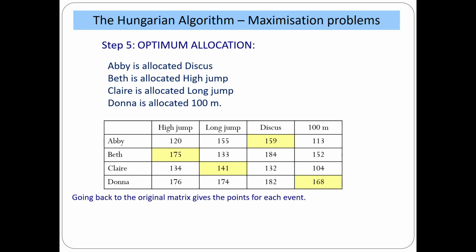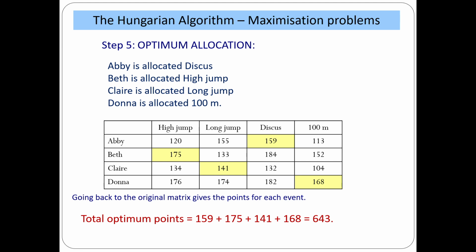The total highest score, that is the total optimum points, will be got by adding the original values given in the problem. So 159 plus 175 plus 141 plus 168 gives 643, which is the maximum or the total optimum points. So this is how we have to solve the maximization assignment problem.